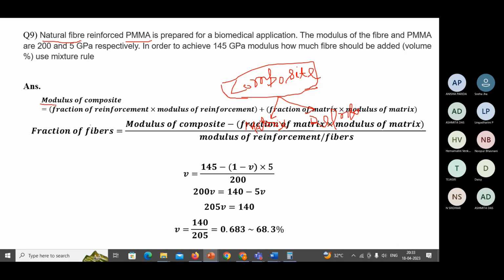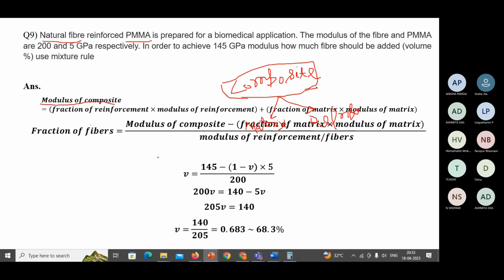So if we go by the answer, the modulus of the composite can easily be calculated as we solved the previous question on polymer blend. The formula is the same: the fraction of the reinforcement times the modulus of the reinforcement plus the fraction of the matrix times the modulus of the matrix.